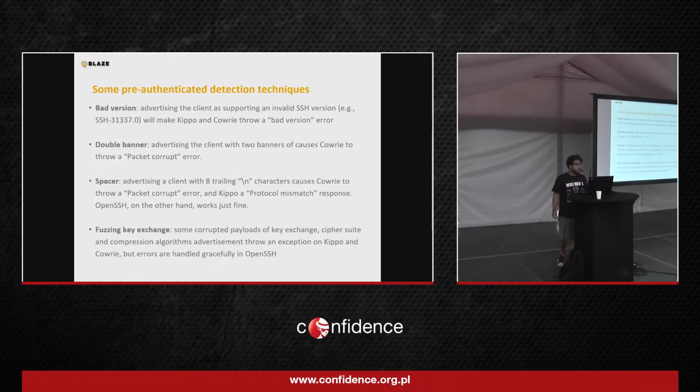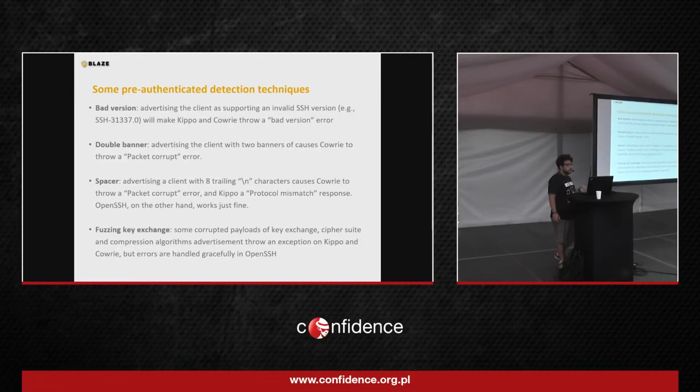So these are some of the pre-authentication detection techniques. I listed four of them here, but there are plenty more if you spend some time looking. There's a bad version. When your SSH client advertises itself to the server, it says SSH-2.0-OpenSSH and so on, the version banner of the client.